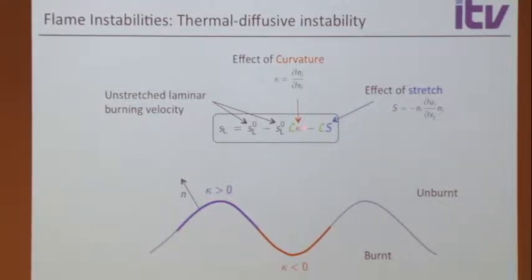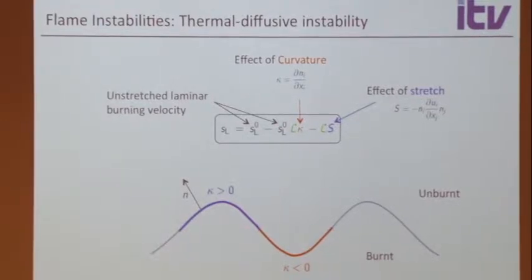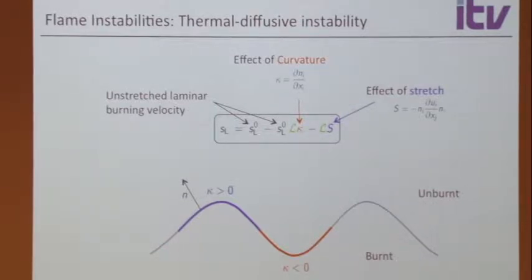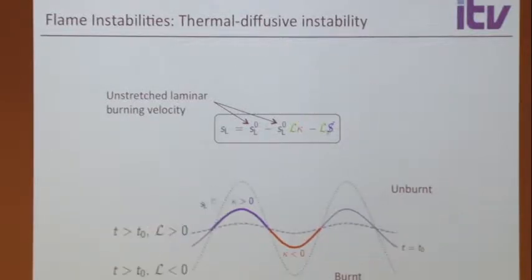If the Markstein length is positive, then for positive curvature this is negative, so it makes the burning velocity slower. You take this bump out, and here it will be faster. So you take out these flame corrugations. It has a stabilizing effect.